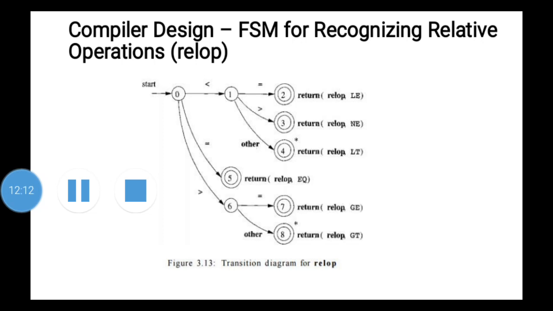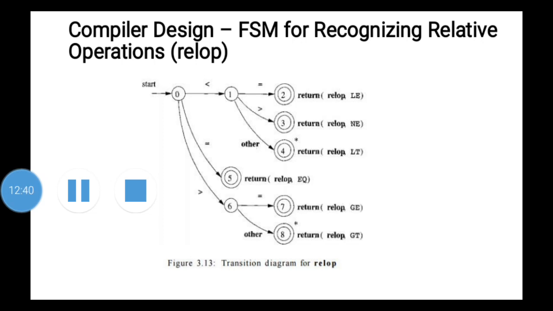Same thing for the greater than. From point 0 to point 6, if you go to that, that will be greater than or equal to. That's why we have this operation GE, greater than or equal to. But if you have just the greater than up to this point 6, then you go to point 8, where you put maybe the value you want to compare with. Of course, having start there also, which is a string of all possible lengths, inclusive of the string of empty length, which is lambda.